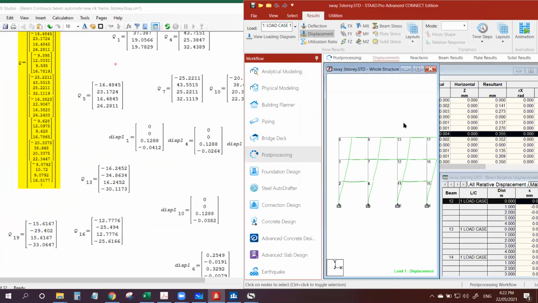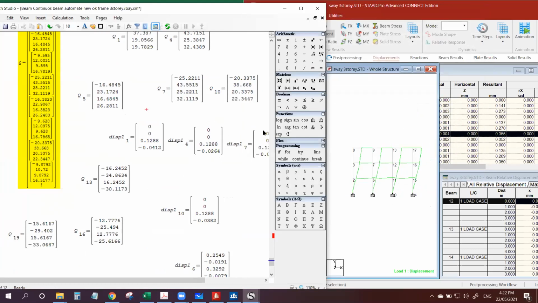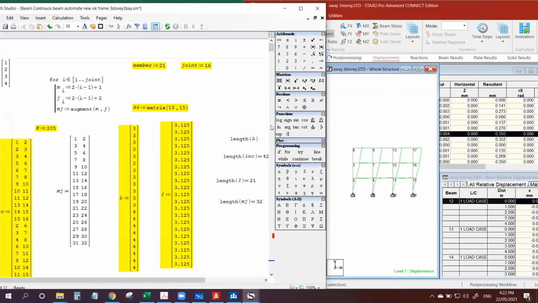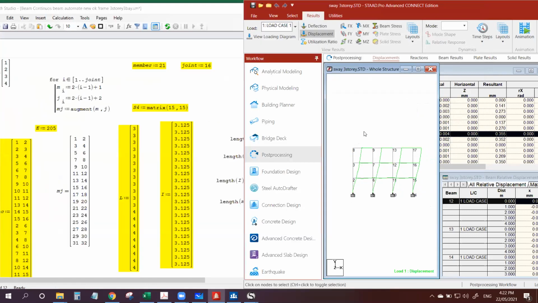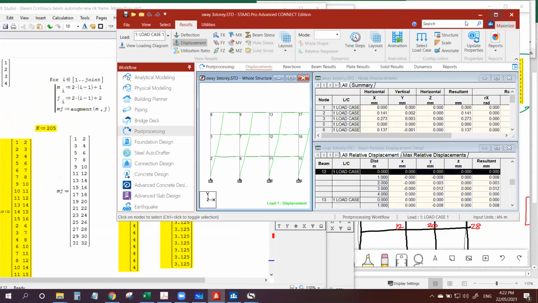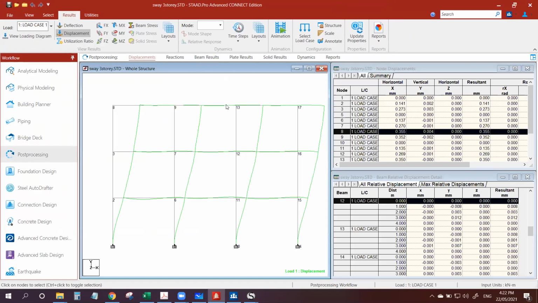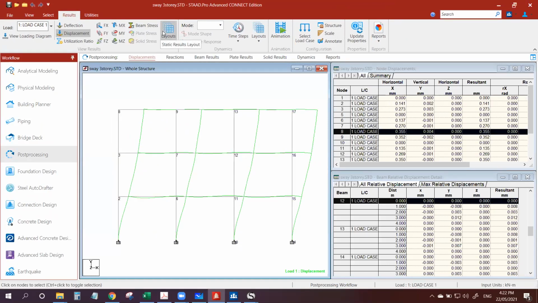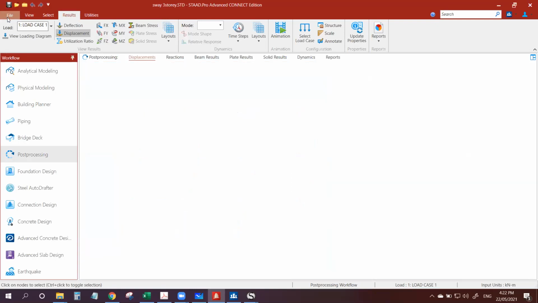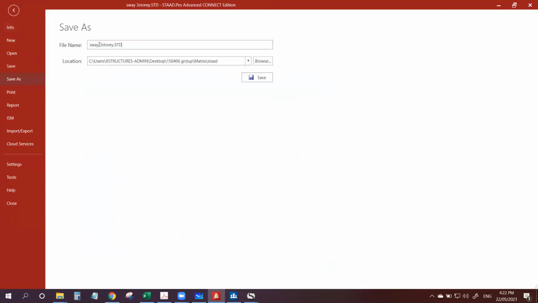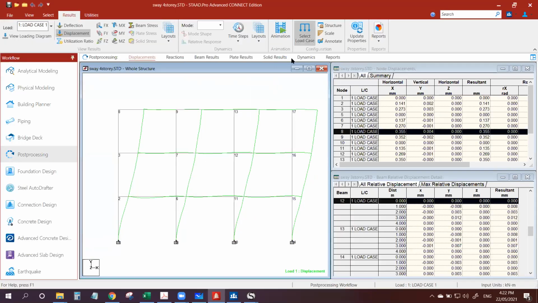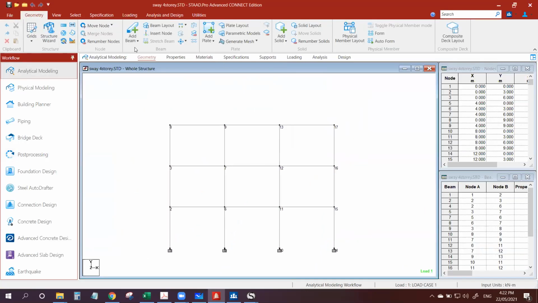So that's it. Let's now try a final push. Let's add another level, so that we can hands-on edit the code. So I'll save as this for 4 story. Let's add another level. Save. Then geometry, and then I'll repeat this.